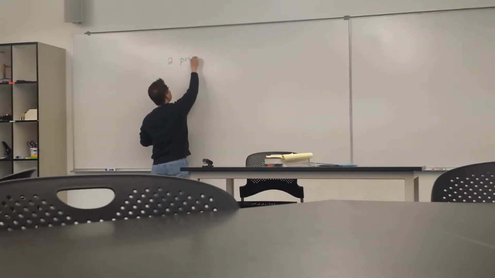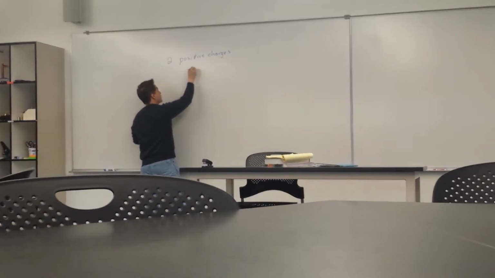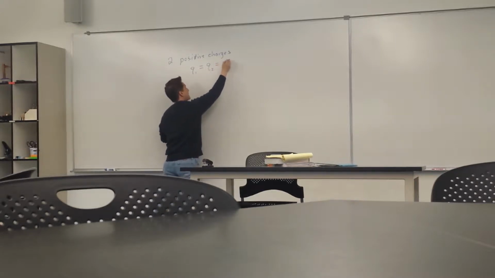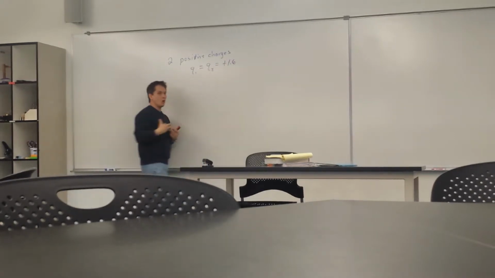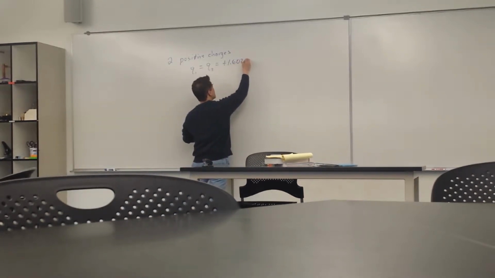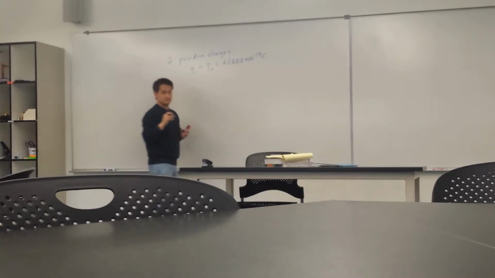For genericity, we'll talk about two positive charges, Q1 and Q2, each with a magnitude of 1 quantum of electric charge, 1.602 times 10 to the negative 19th coulombs.